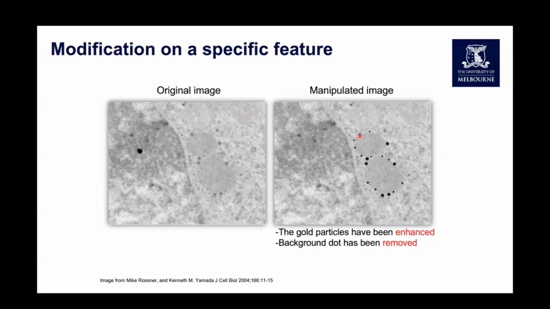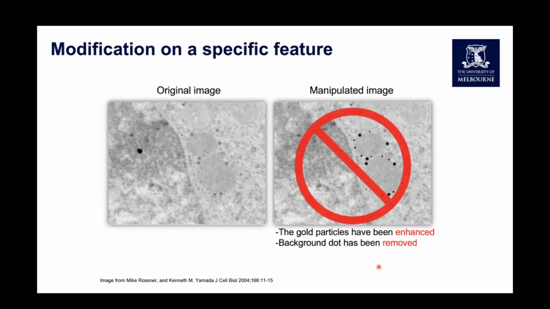In the manipulated image, you can see that they've increased the contrast, increased the darkness on these objects here. I guess they presume that these are the immunogold, certainly a lot darker than in the original image. They also have this speck here, which they've gone in and taken out of the image as well. Hopefully you guys can understand that that's not really ethical. They're making modifications to specific parts of the image.